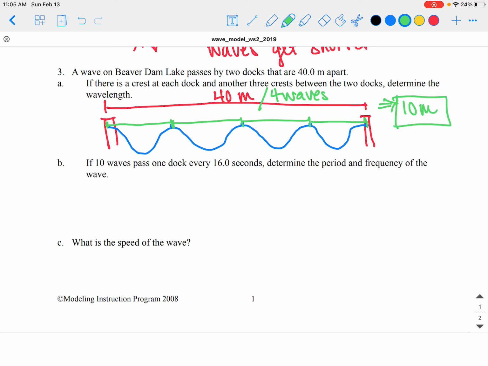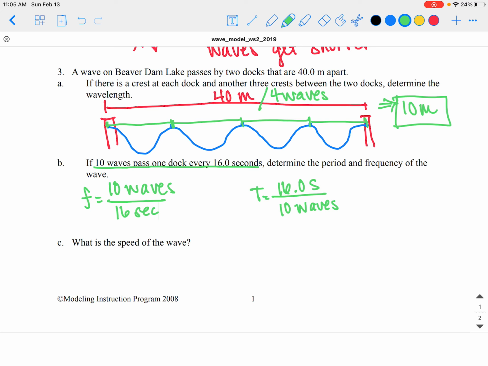If 10 waves pass one dock every 16 seconds: waves over time gives us frequency, and time over waves gives us period. You could calculate one and just take the reciprocal of it.